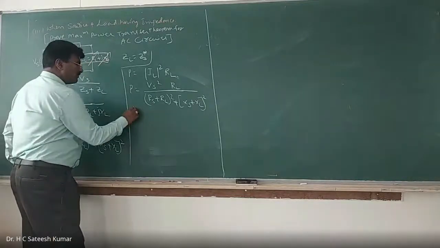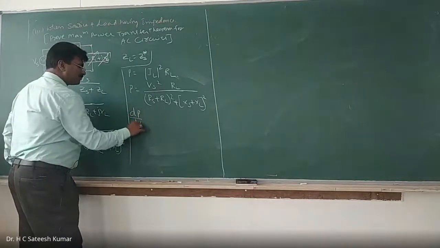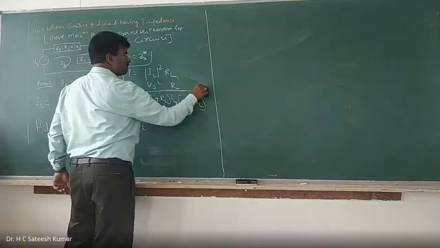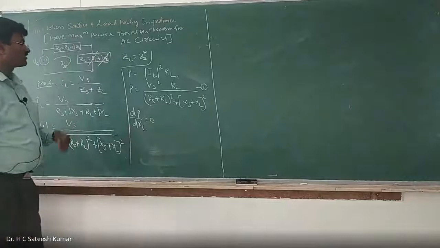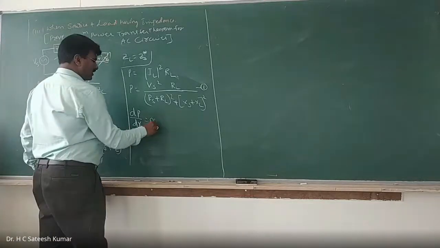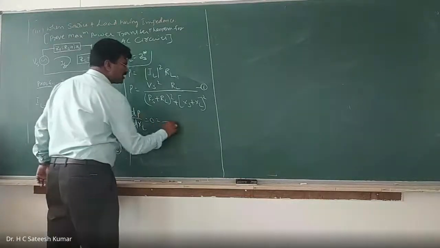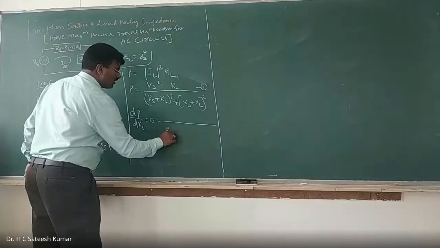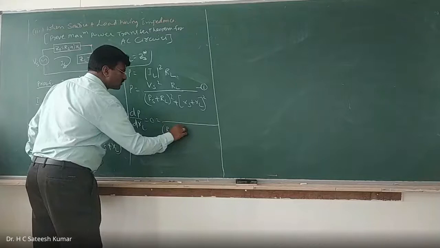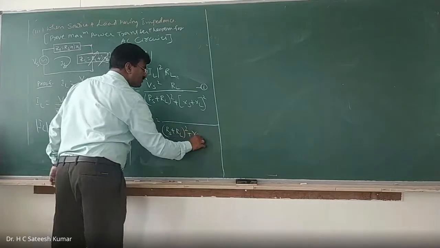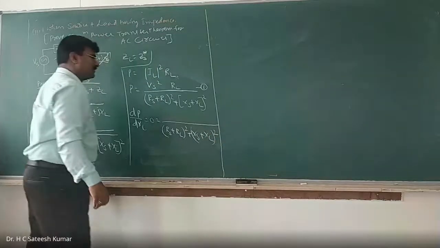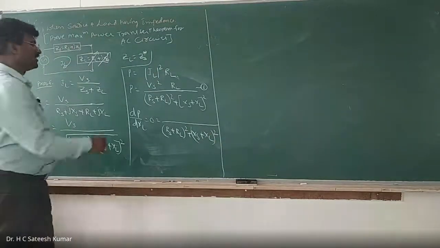So dP by dXL should be equal to 0. Call this equation number 1. Differentiate with respect to XL. Therefore, what will you get? Denominator whole square, Rs plus RL whole square plus XS plus XL whole square, into d by dx of the numerator.